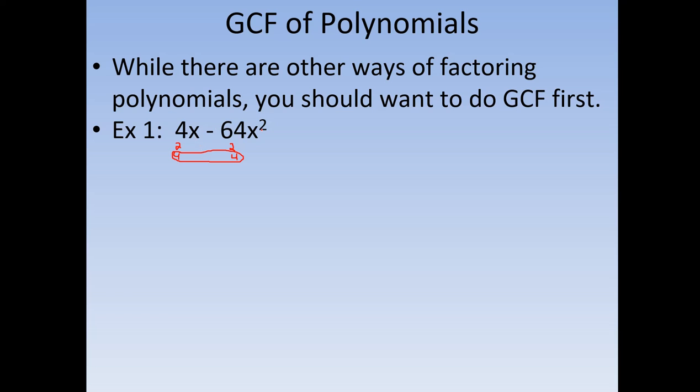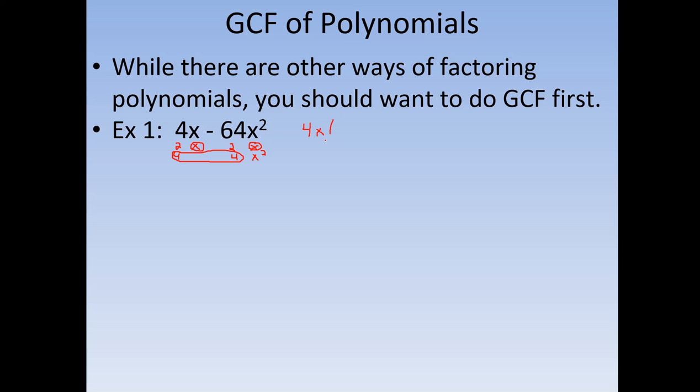And then we could do the same thing for the x's. This is 1x, and this is 2x's. It could be divisible by x or x squared. So the greatest common factor here would be an x. So my greatest common factor will end up being 4x.